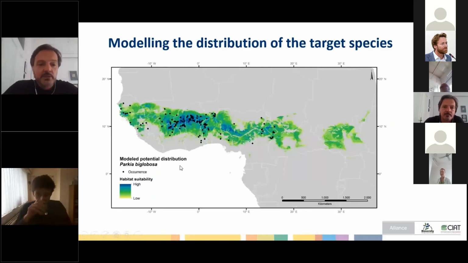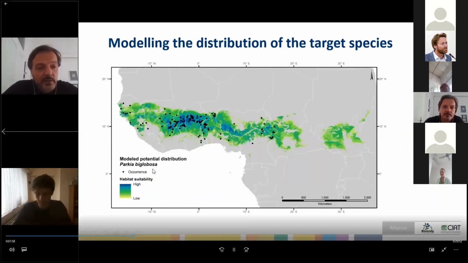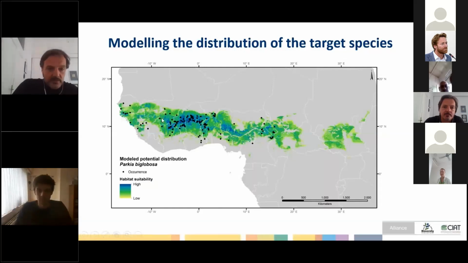modeled potential distribution. In this case, it's one of the parkland species, a socio-economically important species in West Africa, but also Central Africa. And you see here, with my mouse, these black dots are the occurrence points, and the colored area is the model distribution or the habitat suitability, from yellow, relatively low, to blue, high suitability.